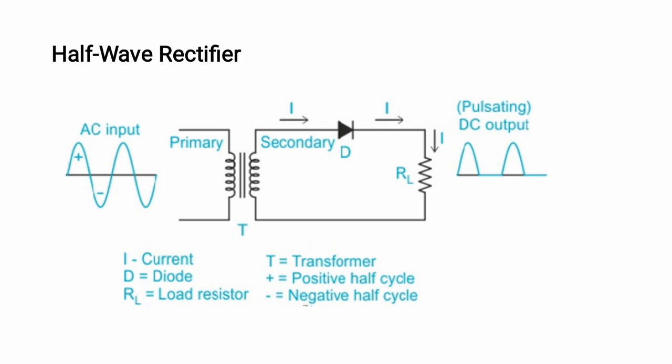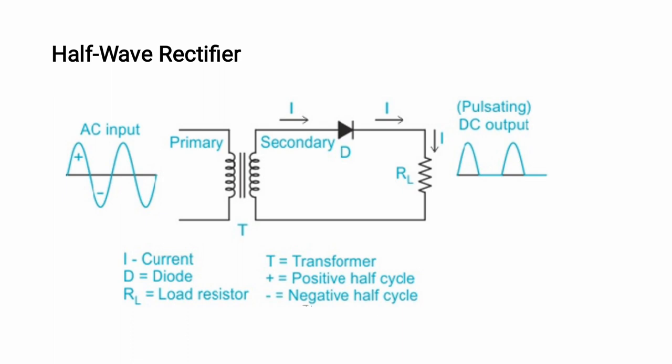Here one diode is used. A diode is a two-terminal device, okay, and a resistor is an electrical component that limits the amount of current that flows through it. So here a transformer is used, which is a step down transformer.